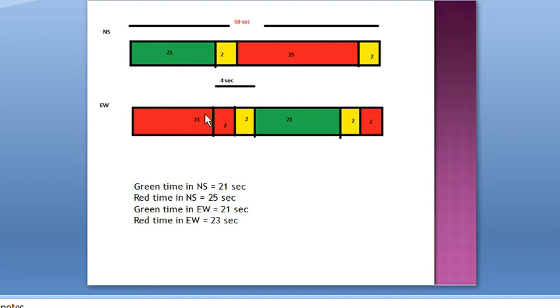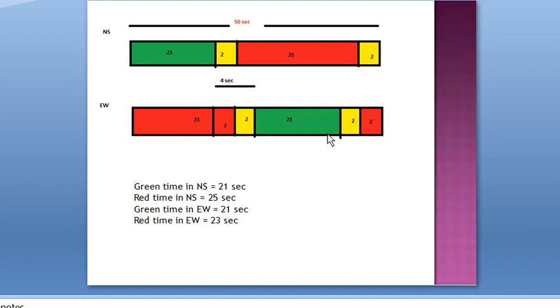So here the total red time is this 21, plus here intergreen period is 4 seconds. So from this 4 seconds I have given 2 seconds as the amber period, so the remaining portion will come under red time. Okay, so red time in north south direction is 25 seconds. Sorry, red time in east west direction is 23, that is 21 plus 2.